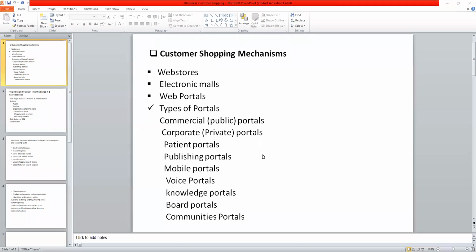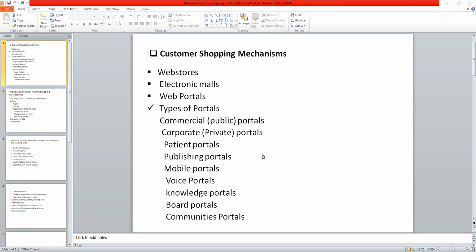Now, the major B2C mechanisms are the web stores, that is the storefronts, and the internet malls. Usually in the traditional mode of shopping, we physically visit the stores, the retail outlets, and then we try to find out what we need.